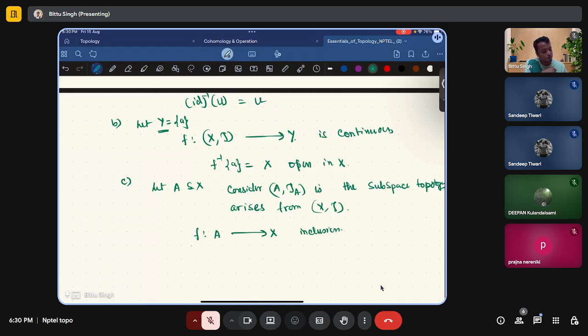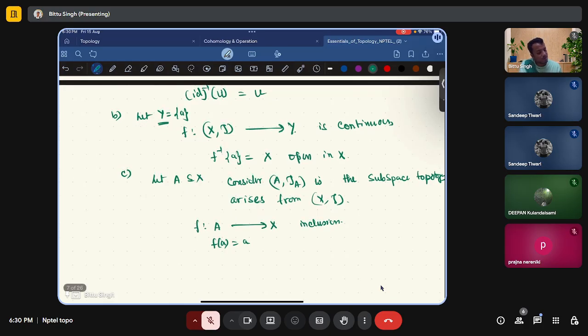Inclusion means any point goes to the same thing, f(a) equals a. It is just contained in that set, therefore there is always such a map. Is this continuous? What will be f inverse of some open set U? So let U contained in X be open. Then f inverse of U means all such points a belonging to A such that f(a) belongs to U.